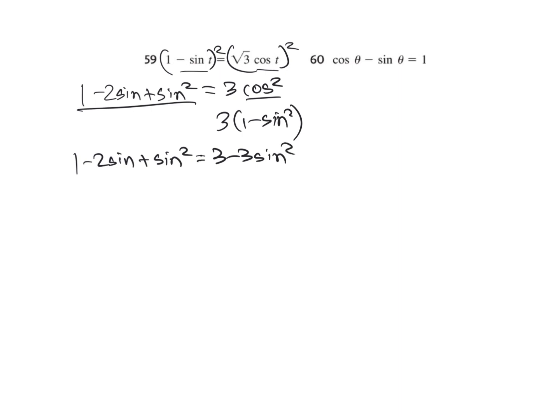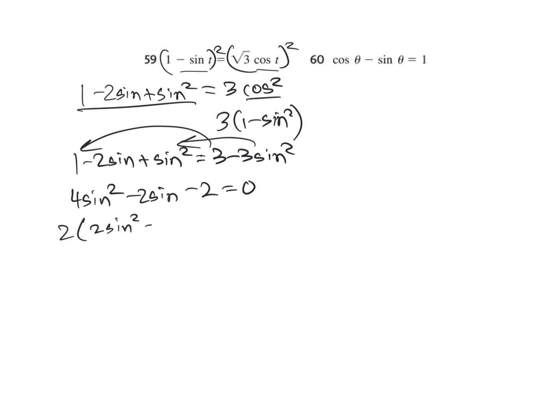So put everything on one side. That's going to be 4 sine squared, minus 2 sine, and we'll subtract 3 and get minus 2. Now we could factor a 2 out, make it easier. So 2 sine squared minus sine minus 1 equals 0.